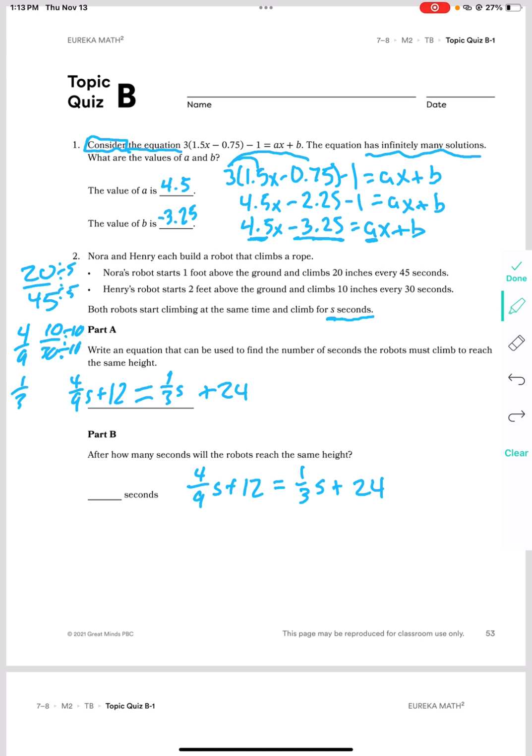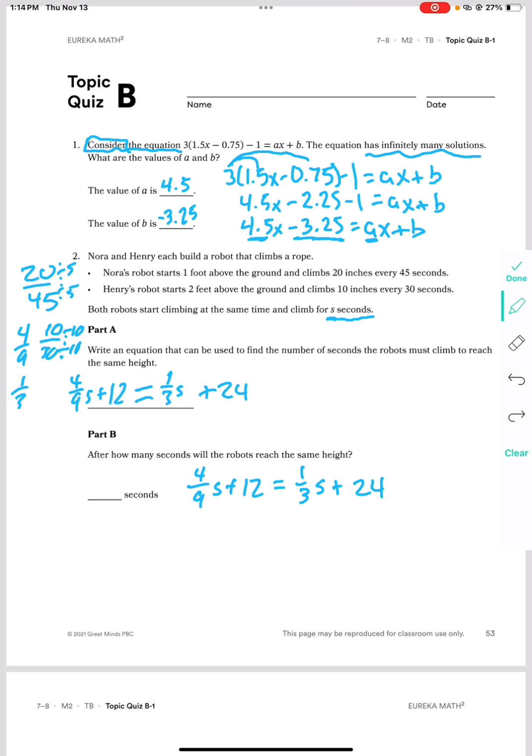If we don't remember what that is, and I hope you're listening when I say this, if your coefficients, that means the number that is in front of or attached to the variable, are fractions, you can make them whole numbers by using the multiplication property of equality. What is the multiplication property of equality?